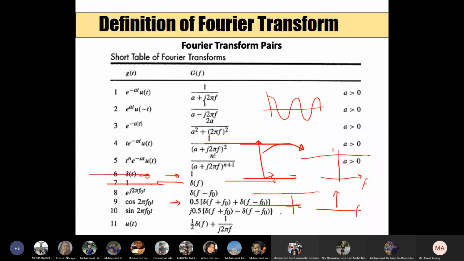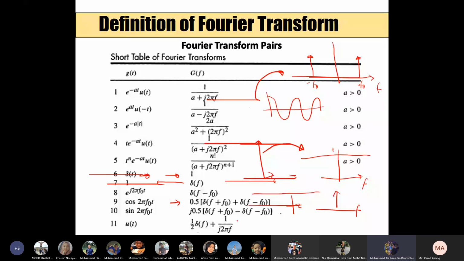So in the frequency domain, if you get f here, basically you get a pulse here and a pulse here, at plus f naught and minus f naught. So this is the time domain and this is the frequency domain.